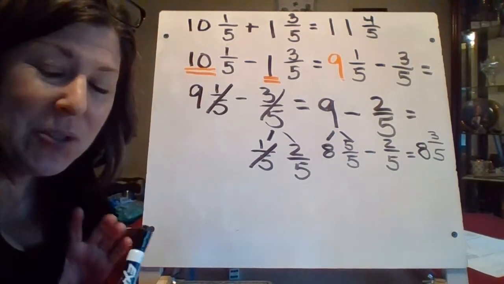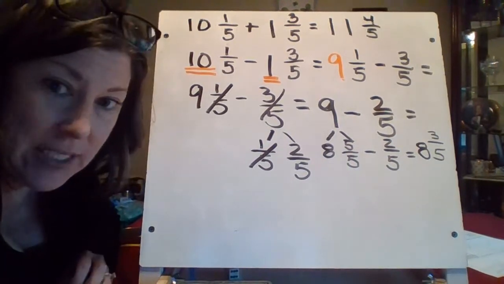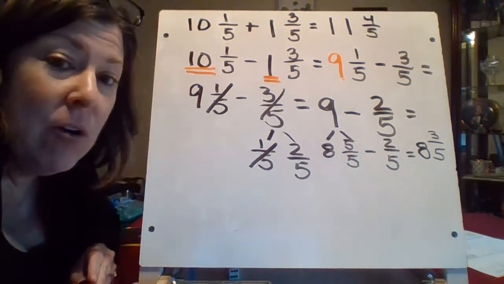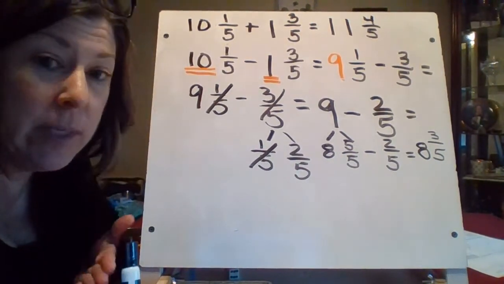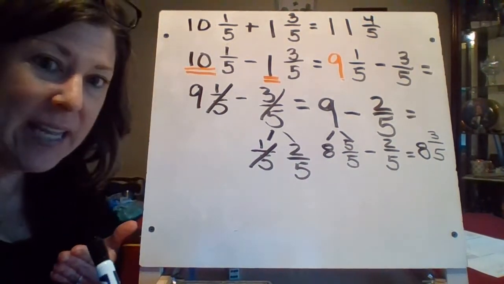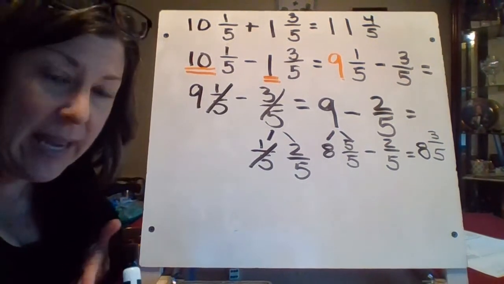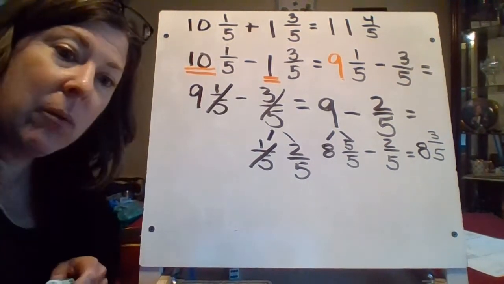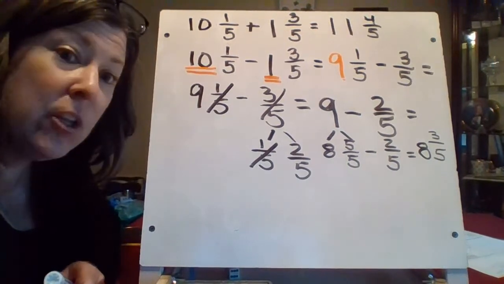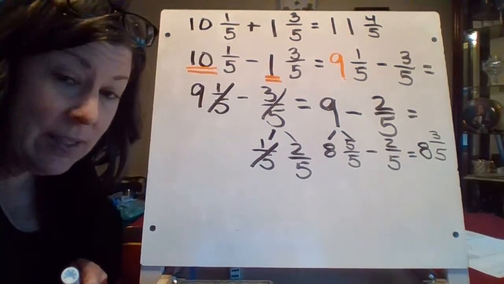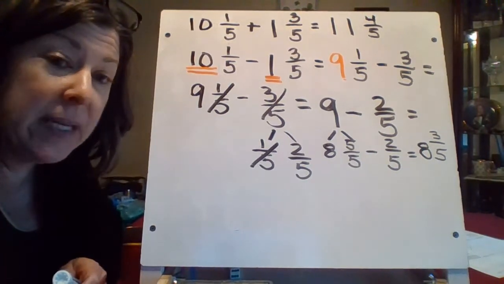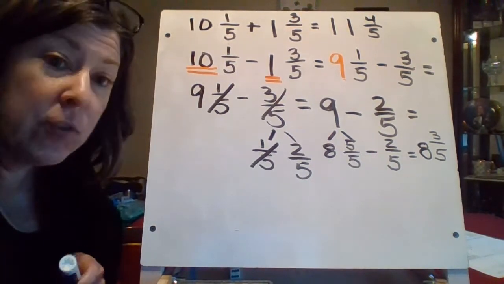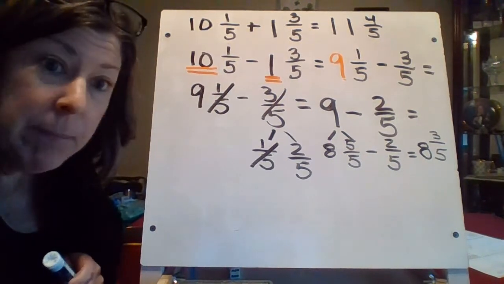So this was one way of approaching this problem. But for when you do your problem set, I want to show you another way, because again, this is very lengthy. So I'm going to show you a third strategy to find the answer to a mixed number minus a mixed number. The first strategy we used was counting up.